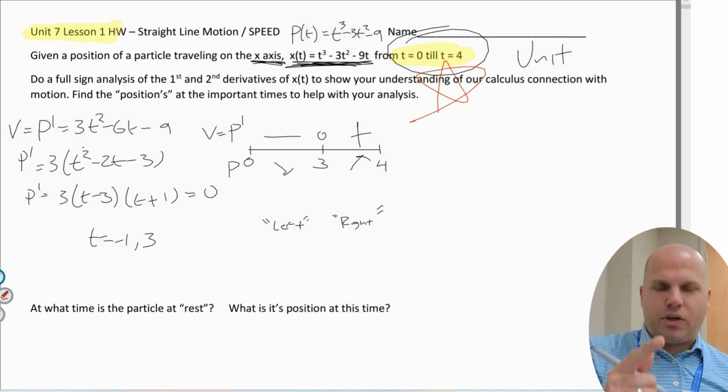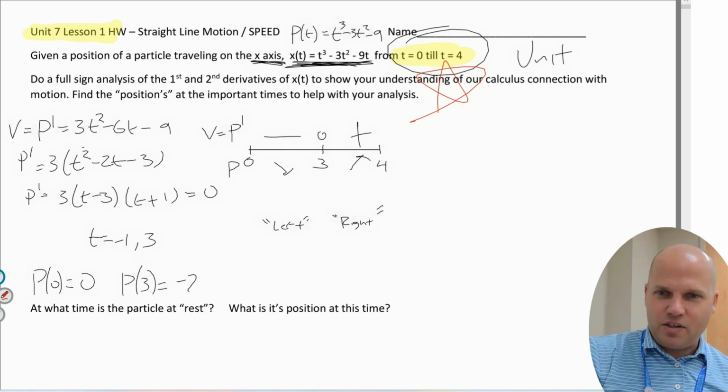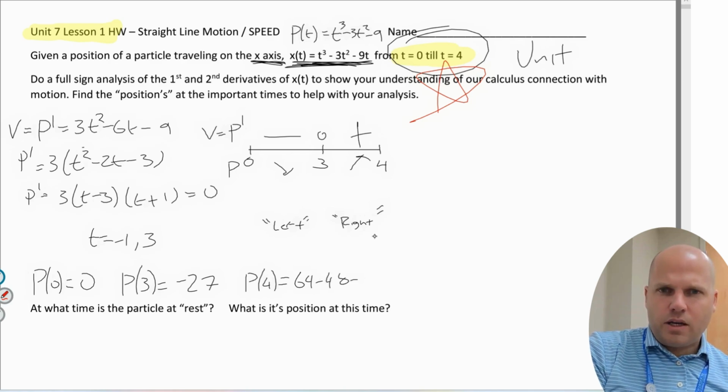And the extra bit of analysis I'm going to do is find positions at these important times, at 0, at 3, and at 4. I get the position at 0 is 0. Cool. I get the position at 3 is 27 minus 27 minus 27. That's funny. And I get the position at 4 is 64 minus 48 minus 36.